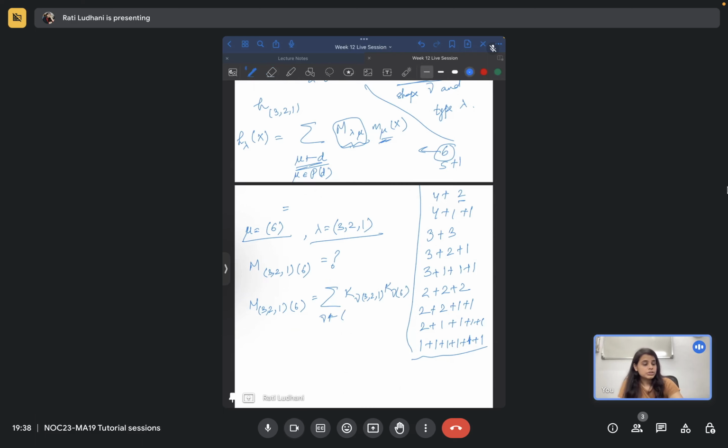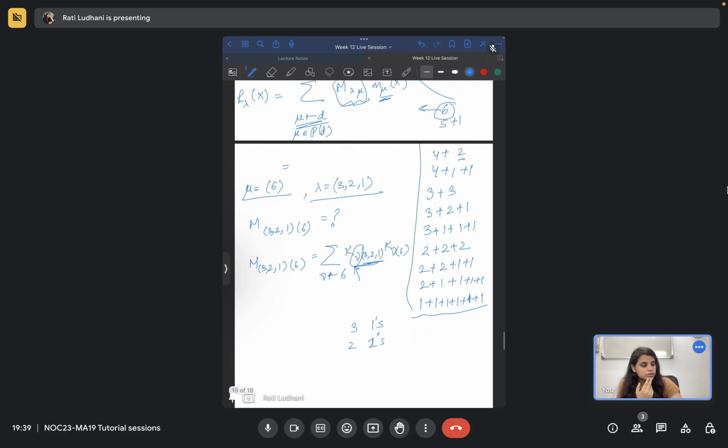Now what you need to do is find the Kostka number corresponding to this. You are not given the shape, but the type is given. Type given means this one: 3 ones, 2 twos, and 1 three. So which nu can you consider so that you can have that?